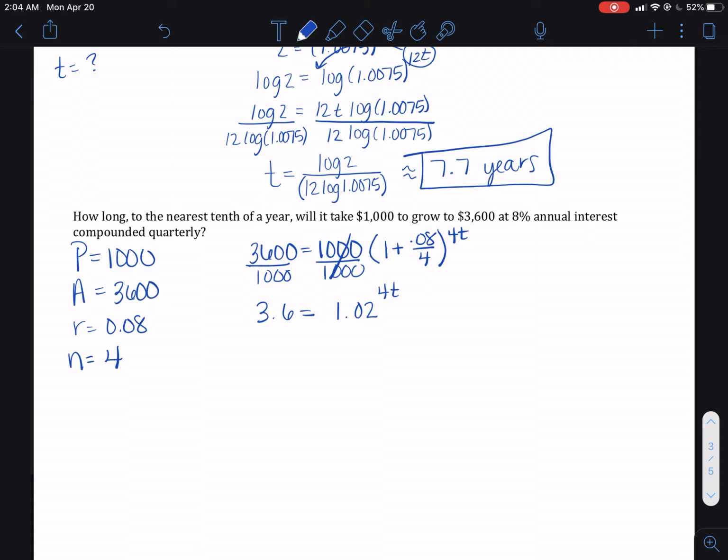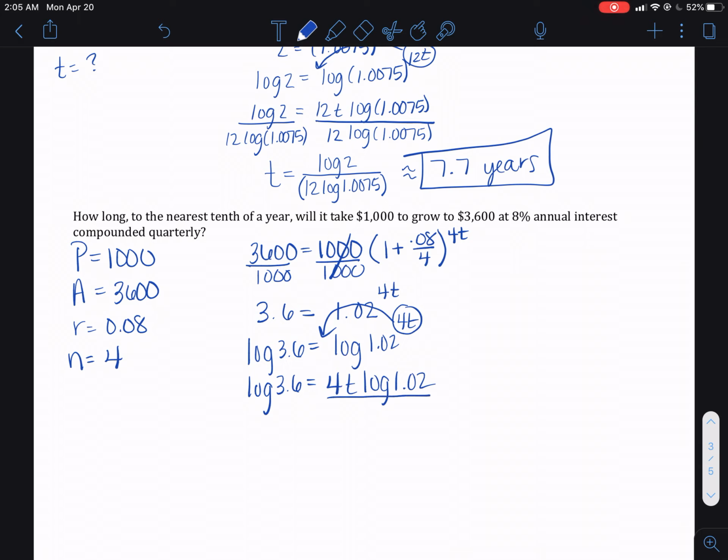Let's do log of 3.6 equals log of 1.02 to the 4t power. We move our exponent to the front, so we have log of 3.6 equals 4t log of 1.02, and then divide both sides by 4 log of 1.02.